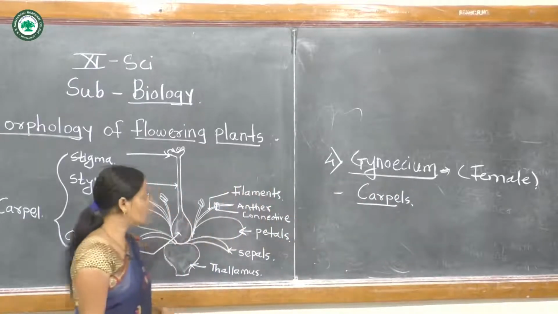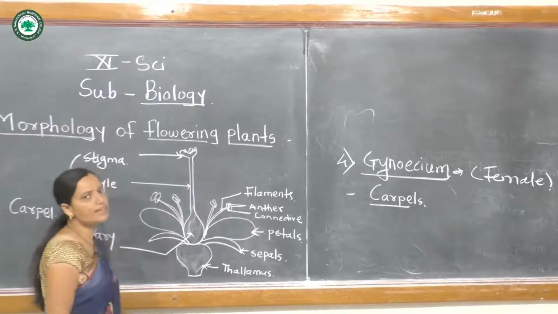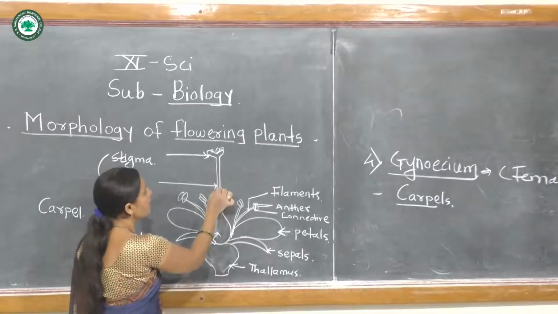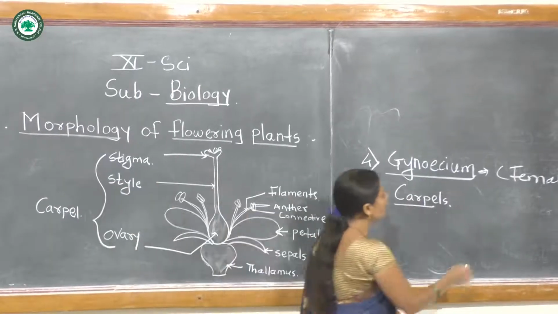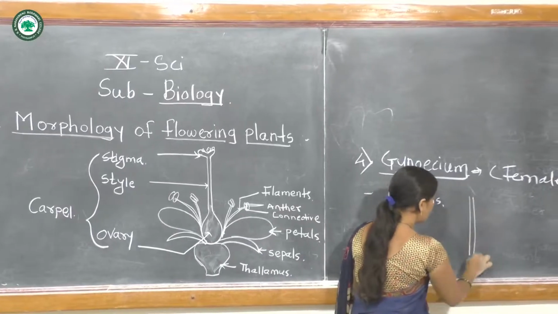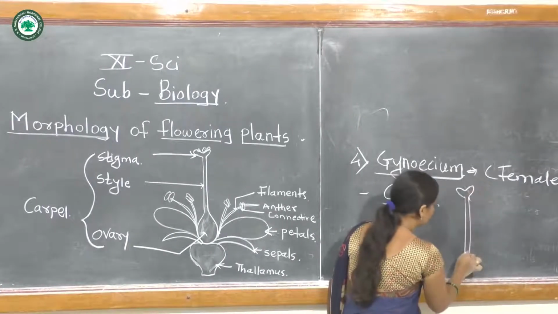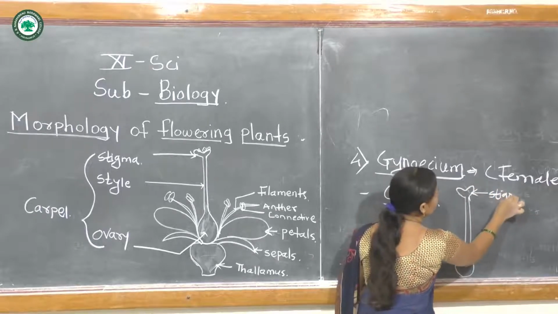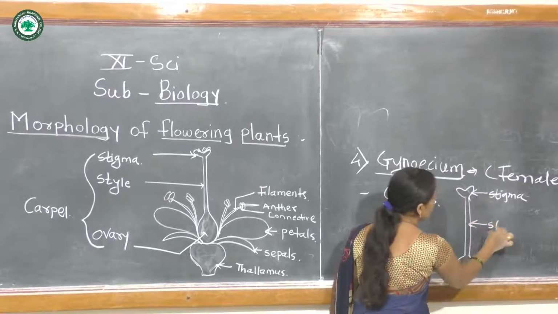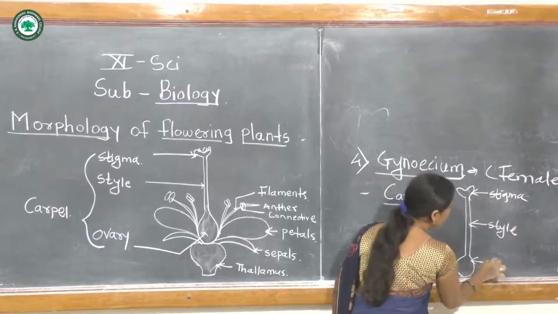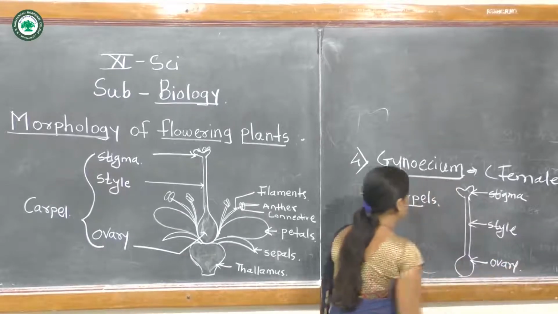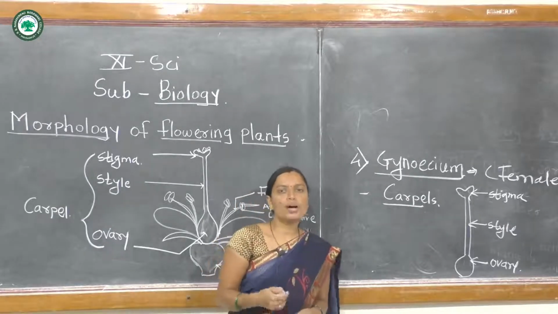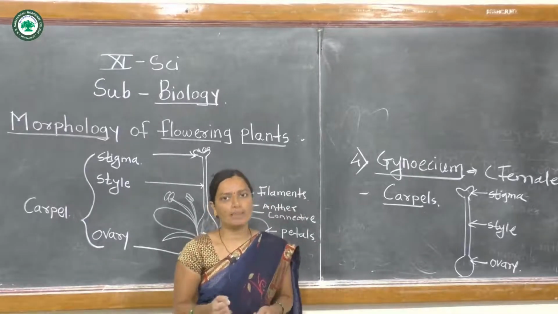Now, in the structure of the flower, the middle part is the gynoecium, and it is divided into ovary, style and stigma. So, the individual structure of the carpel: this is the stigma, the style, and this is the ovary of the flower. In some plants the gynoecium has a monocarpellary ovary, and in others a polycarpellary ovary.